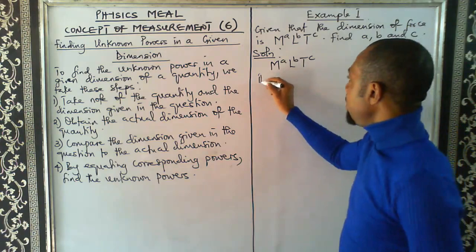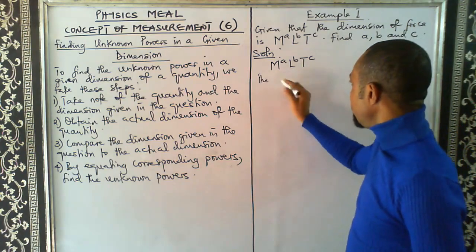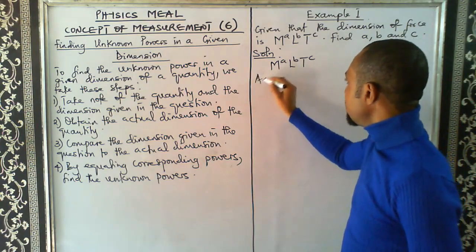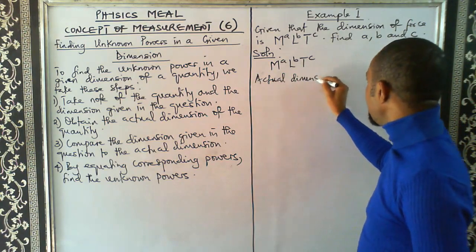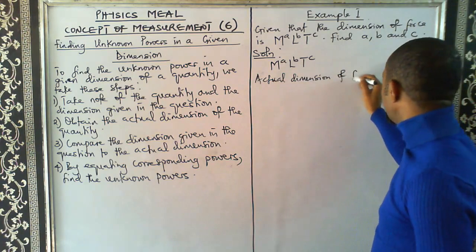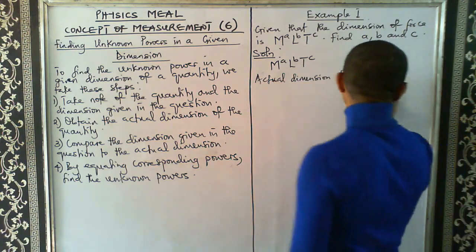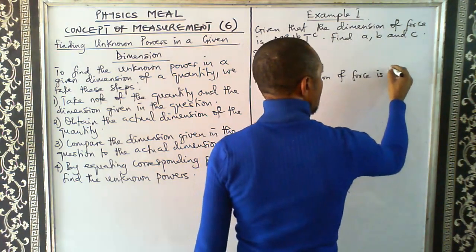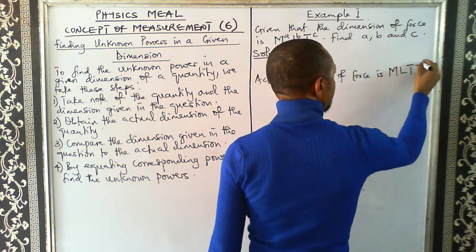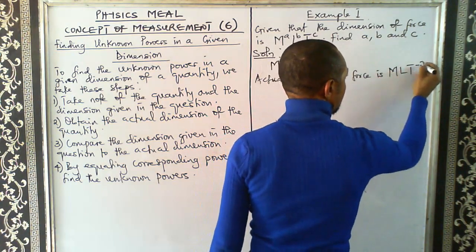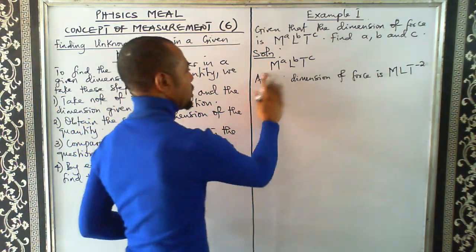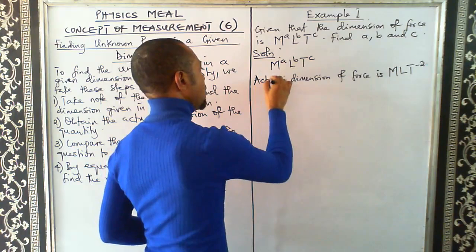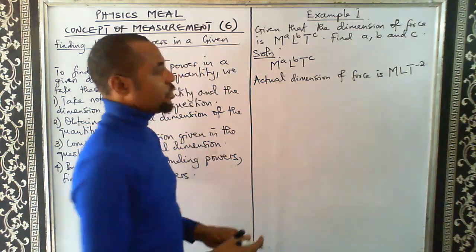So the actual dimension of force is M L T to the power minus 2. That's the actual dimension of force.